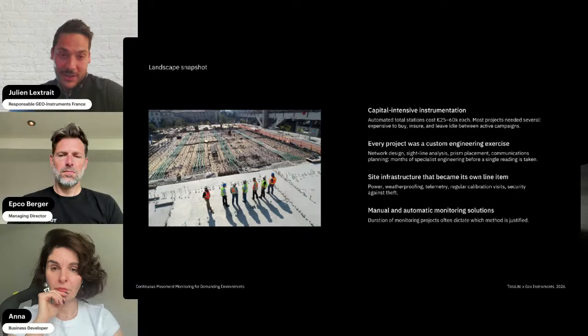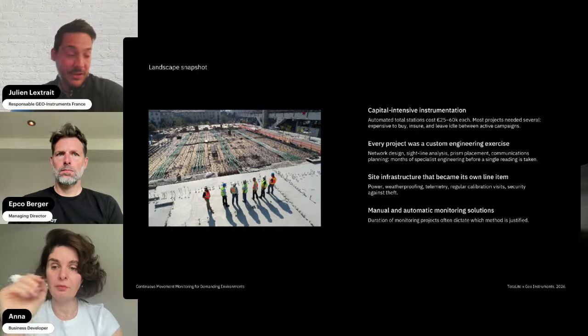And the challenge has often been to justify the deployment of expensive monitoring solutions. This can lead to the installation of equipment that costs up to 50 or 60,000 euros or pounds, tens of thousands worth on site. And obviously, this is expensive equipment that needs to be maintained and deployed in a complicated environment.